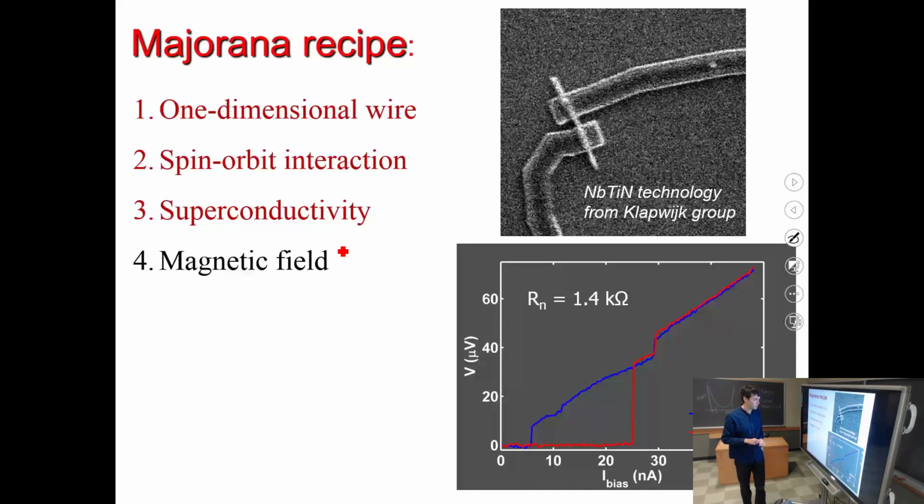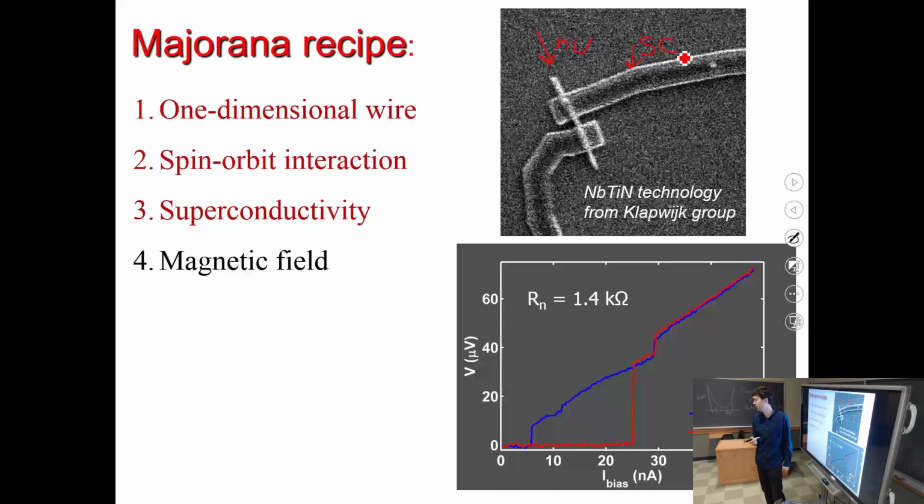Then the third ingredient is superconductivity. How do you verify this? Well, in a simple device like I already showed you, here is a nanowire, and here is a superconductor. You put two superconductors on a nanowire, and you pass a current through it.